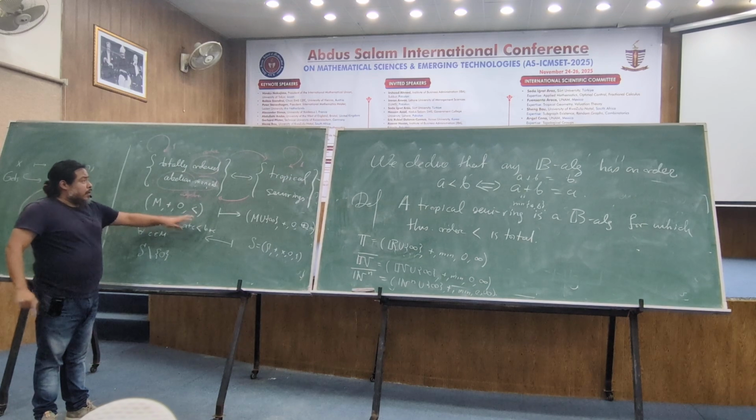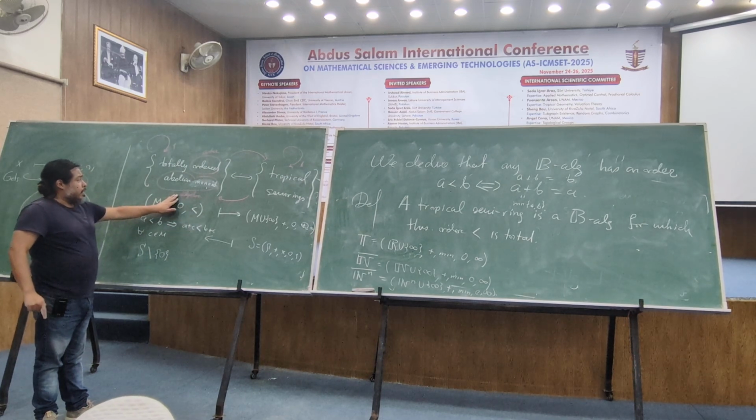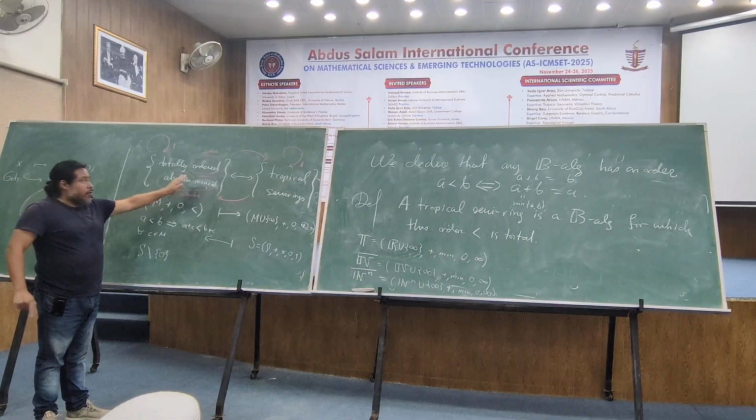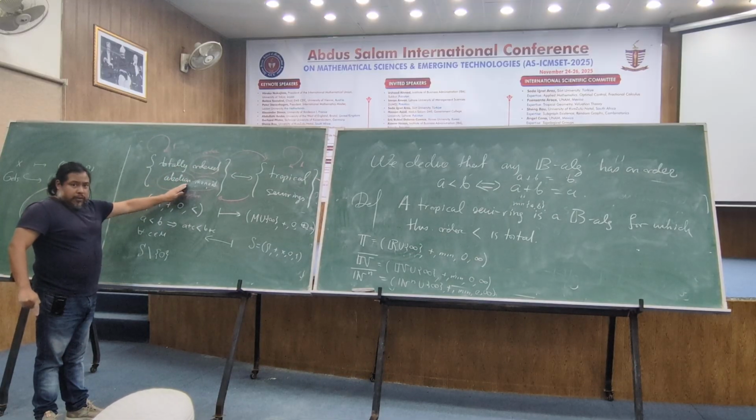You can treat these tropical semi-rings as a totally ordered abelian group, and you can apply order theory or group theory or monoid theory to this.